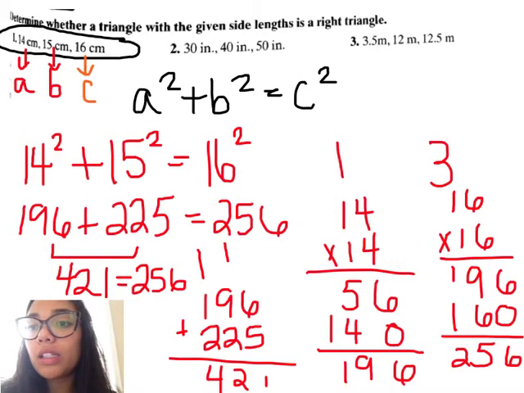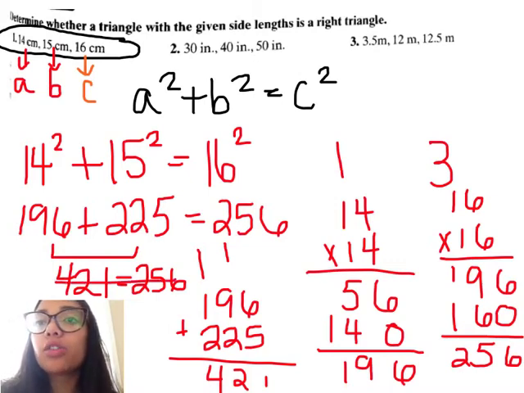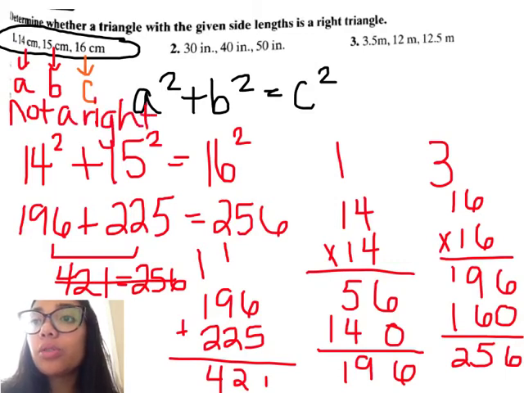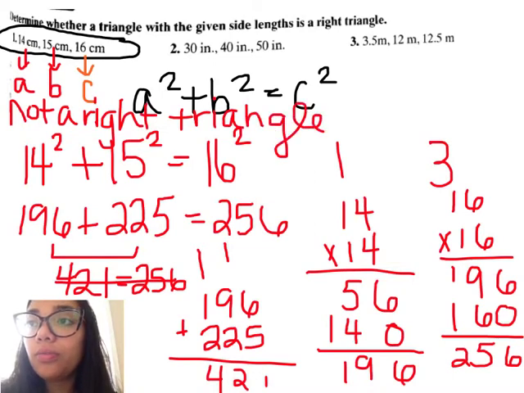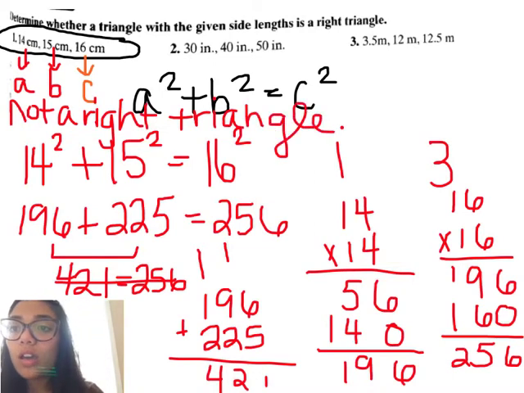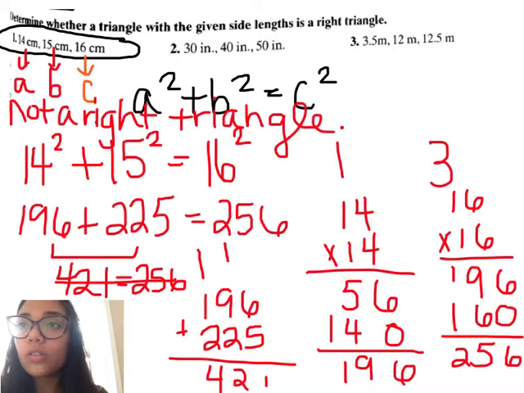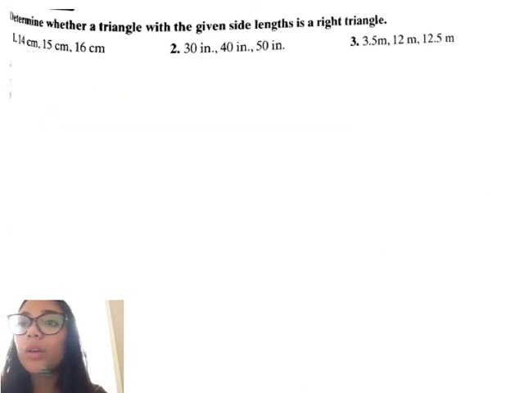No. So that means this is not a right triangle. Not a right triangle. If it were true, then you would put, yes, it is a right triangle. So I want you to do number 2, and then tomorrow when you come into class, I'm going to answer any questions that you have. Number 2.